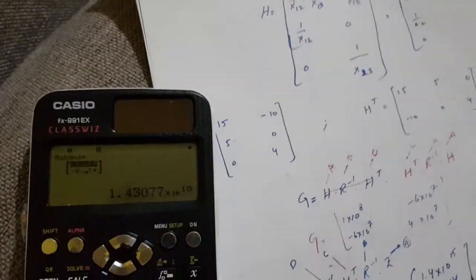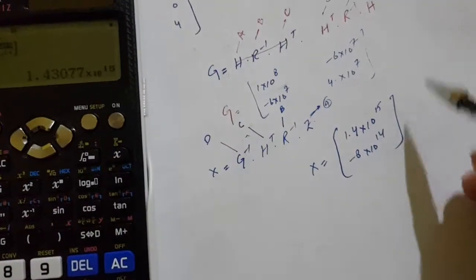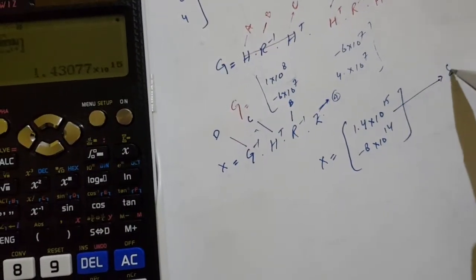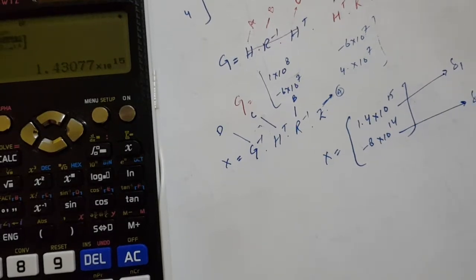So guys, as you know, del 2 is already 0, so this is del 1, this is del 3.